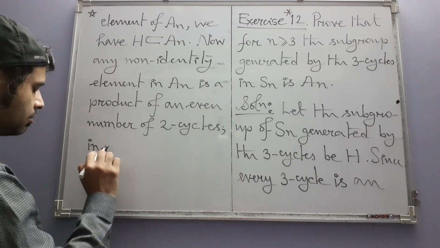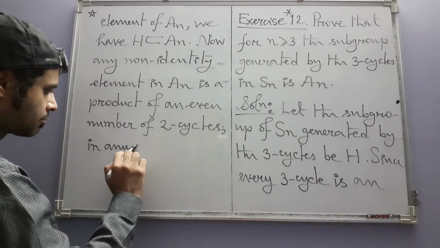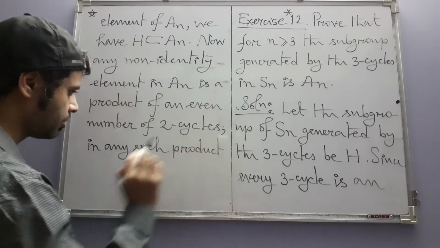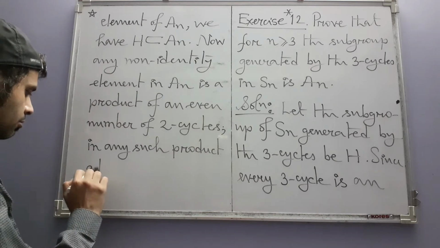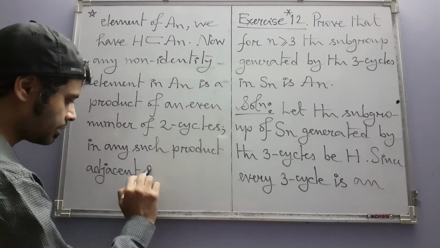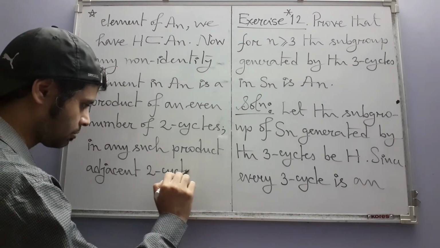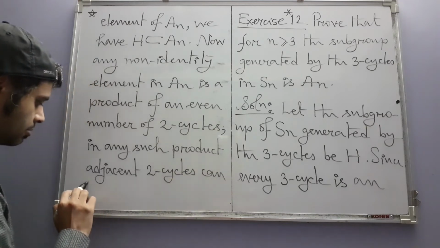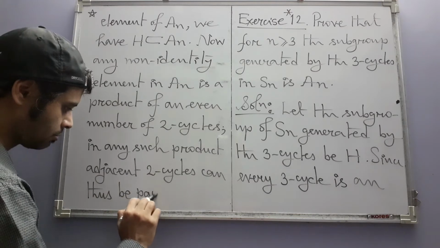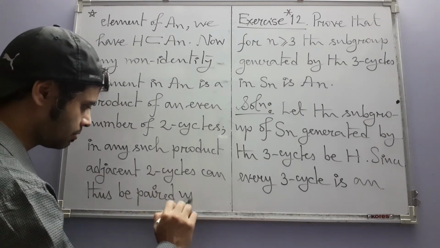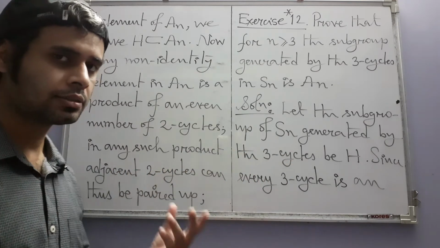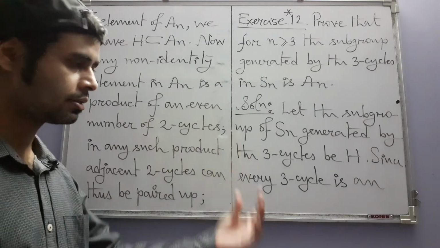In any such product, adjacent 2-cycles can thus be paired, because there are an even number of 2-cycles, so we can take 2 of them.